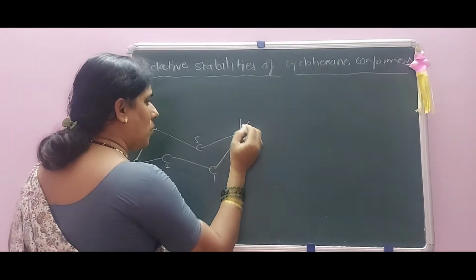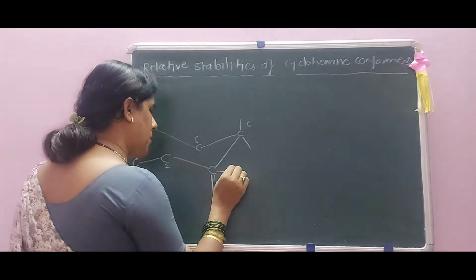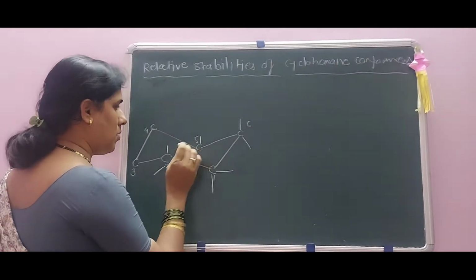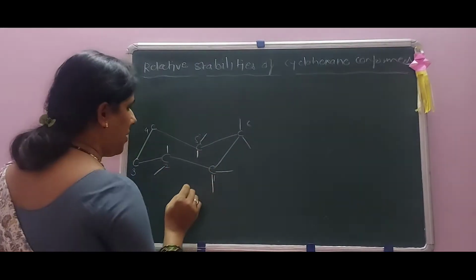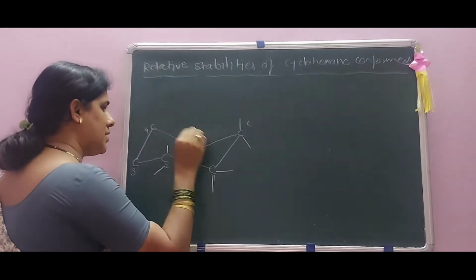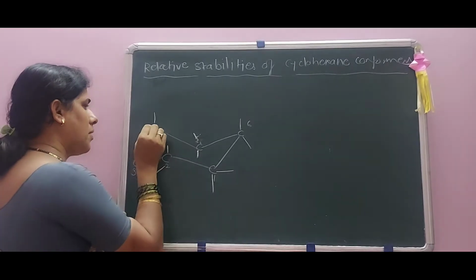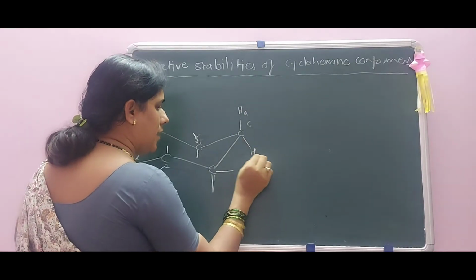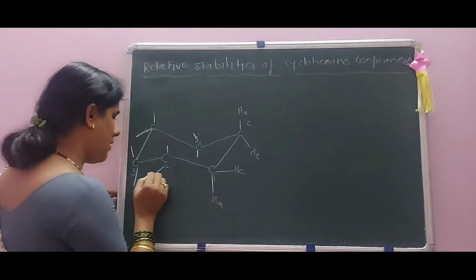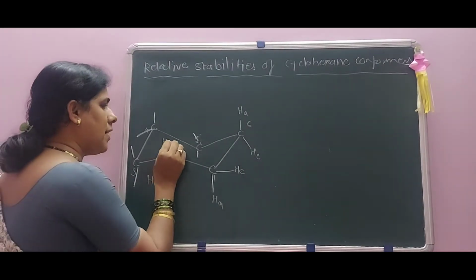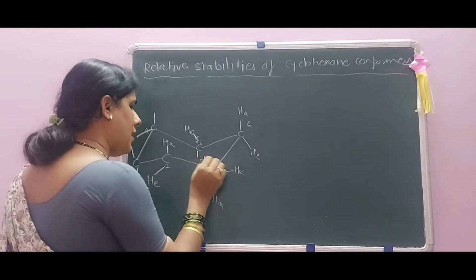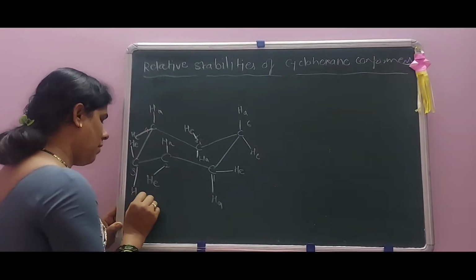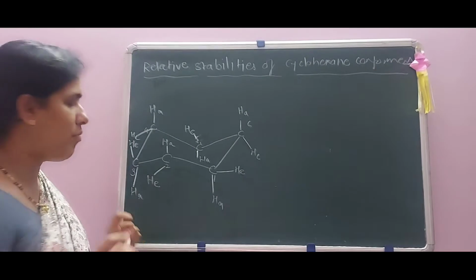Each carbon carries two hydrogens, axial and equatorial, H of A, H of E, alternating around the ring. This is the chair form of cyclohexane.